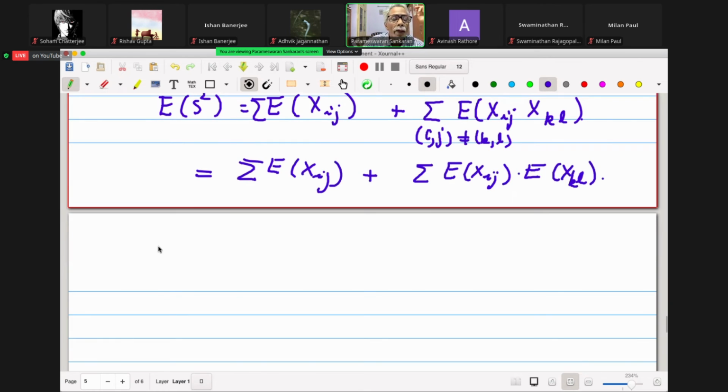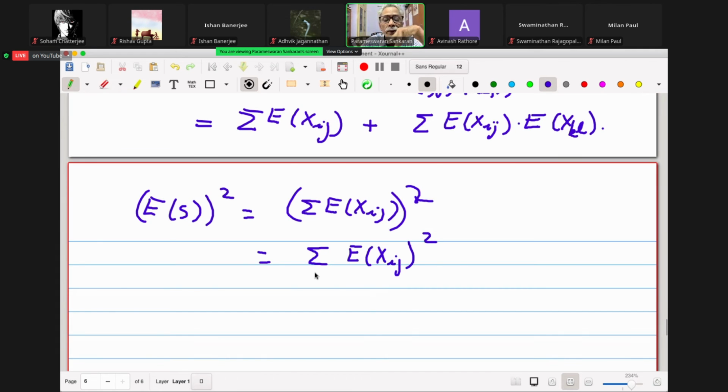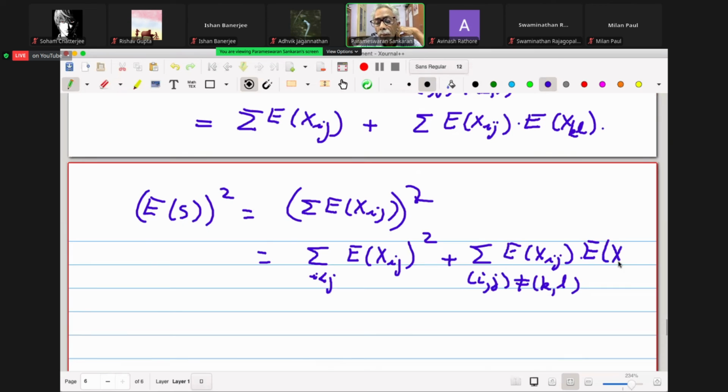Therefore E of S whole square has the same type of thing: the summation of E of x_ij, over all possible pairs i less than j, plus the summation over distinct pairs ij not equal to kl of E of x_ij times E of x_kl. You see these two factors get cancelled.